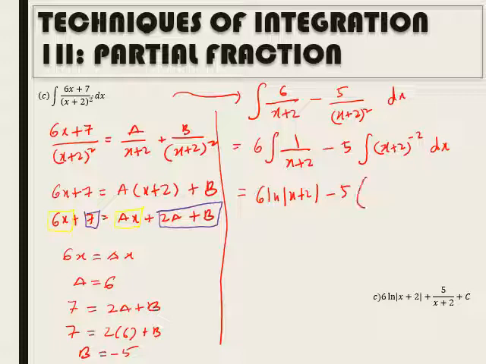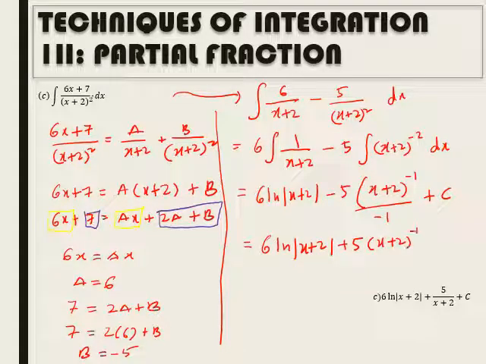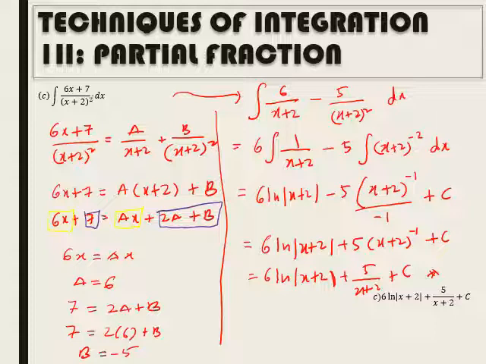Okay, how do we integrate this? x plus 2 to the power negative 2 plus 1, so x plus 2 to the negative 1, divided by negative 1. So we obtain 6 ln|x plus 2| plus 5 (x plus 2) to the negative 1 plus c, or we can write it as 5 divided by x plus 2 plus c. Okay, that's it.